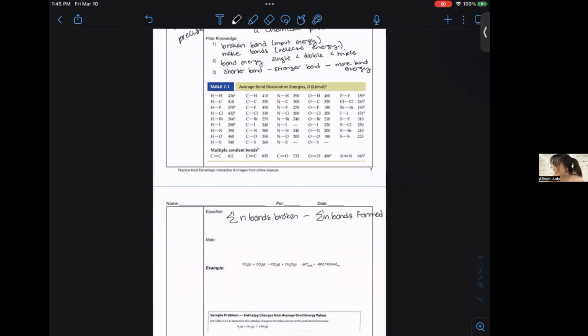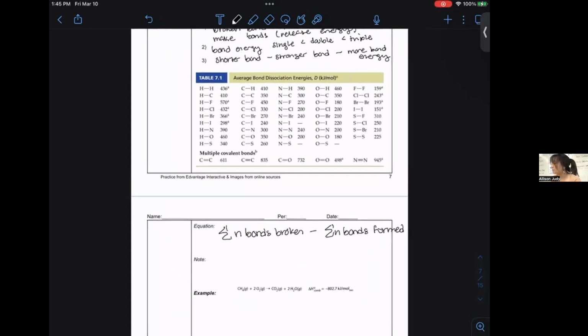We identify each type of bond broken and each type of bond formed, and we just do the algebra with it. Please note, this is an approximation of ΔH of the system, even though conceptually it's actually more accurate.